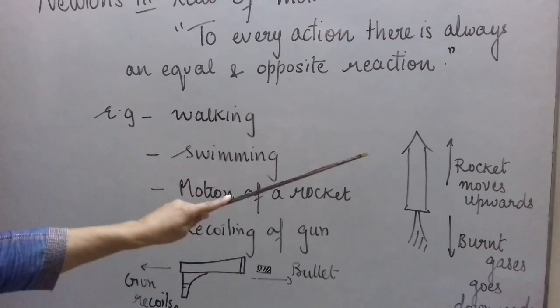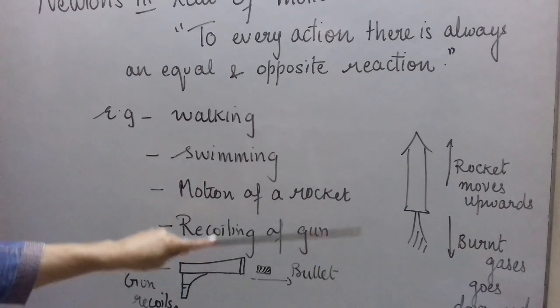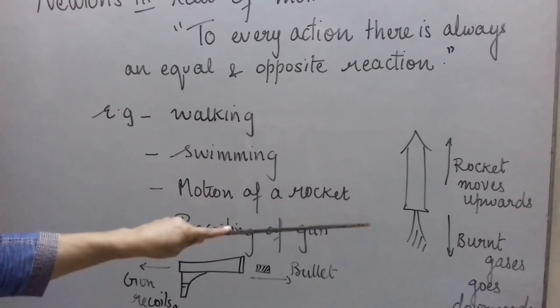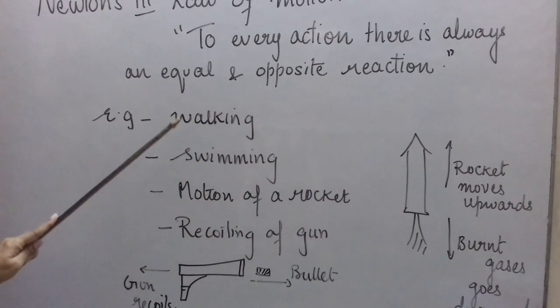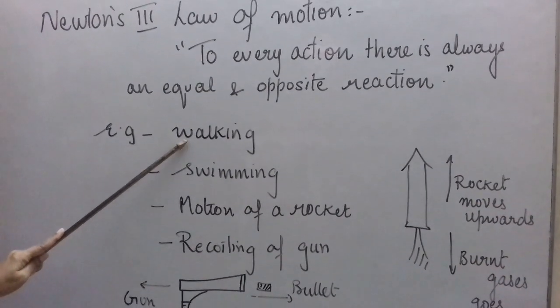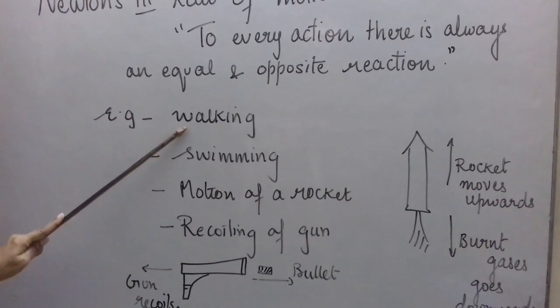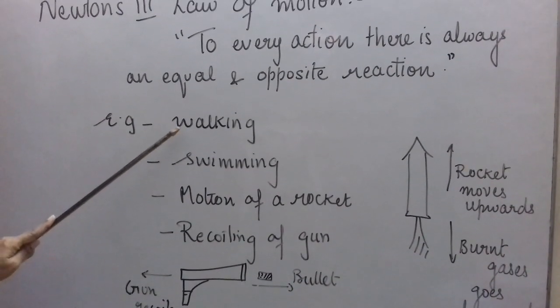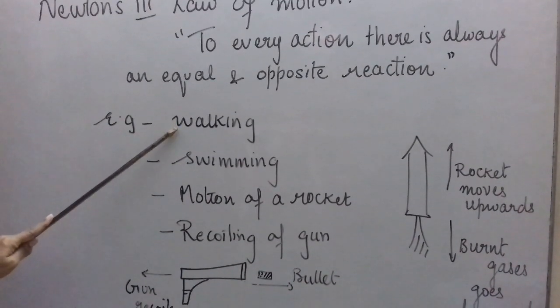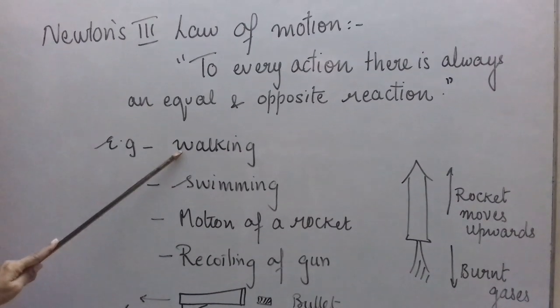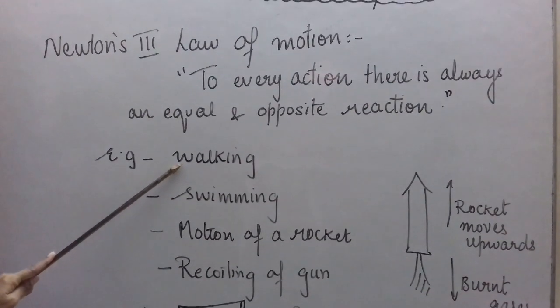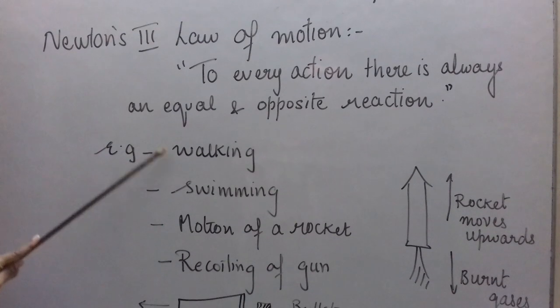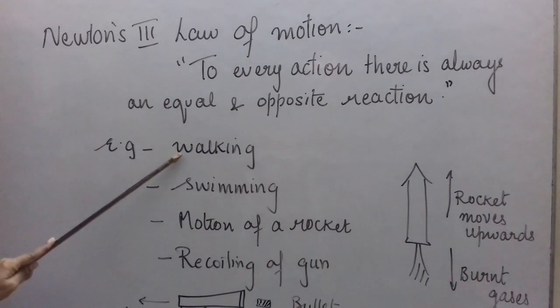Although the forces are equal, the acceleration produced will be different in that case also. Similarly, when we walk, we push the earth, but we cannot see the earth being pushed backward because the earth's mass is huge compared to a person's mass. So the acceleration produced in the earth is negligible compared to the acceleration produced in a person while walking.